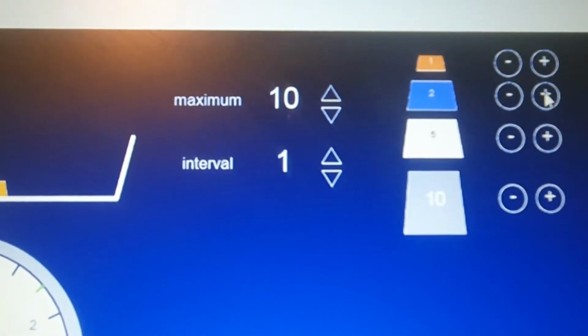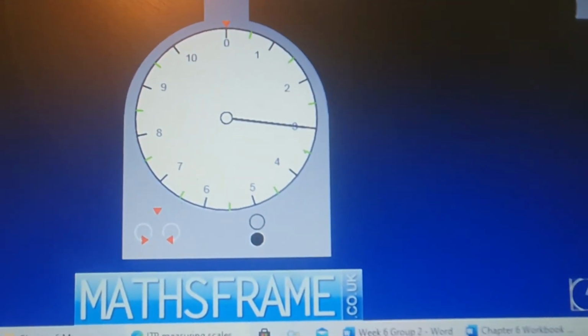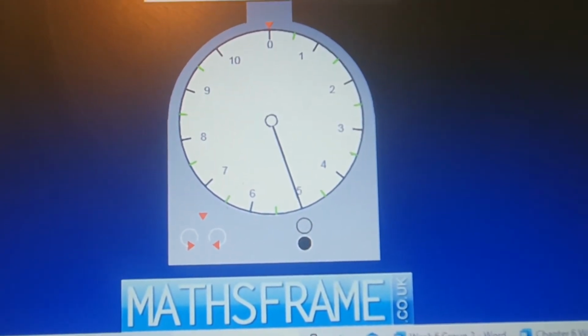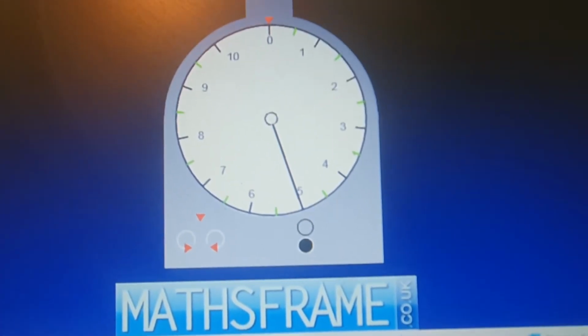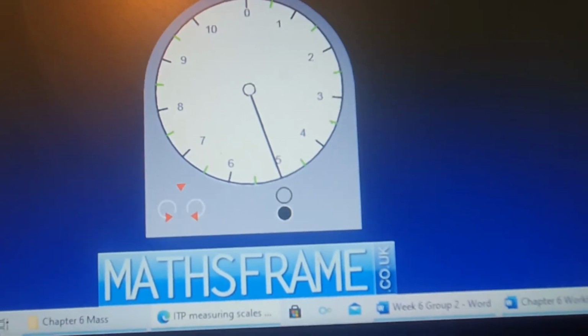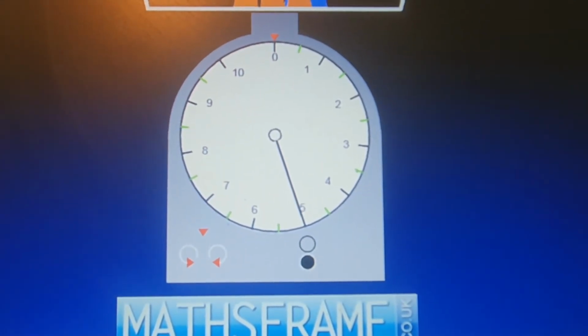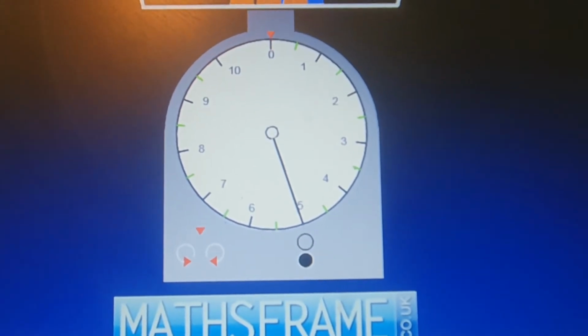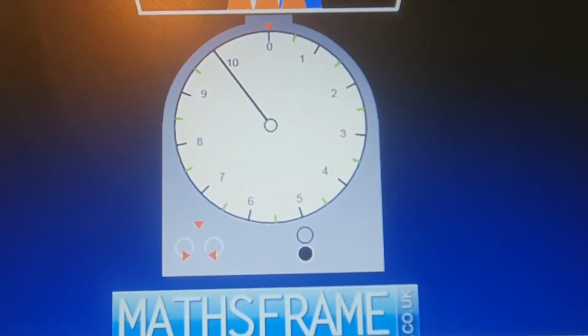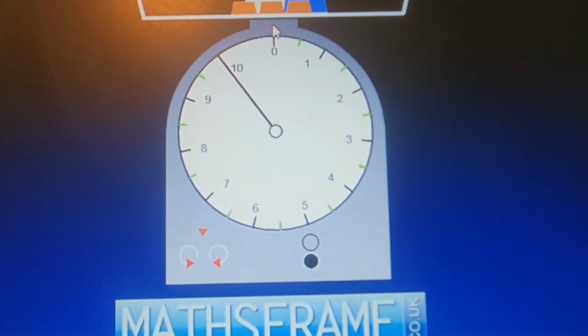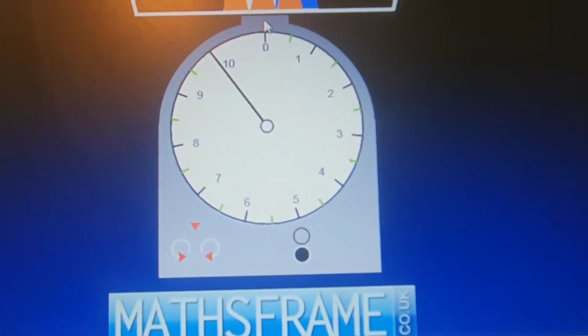So if I added 2 kilograms to 3, what would that be? 5 kilograms. And what about if I added another 5 kilograms? So what's 5 add 5? Yep, it's 10. You can see there, that's got a lot heavier. It's gone all the way down, and it can't take any more.